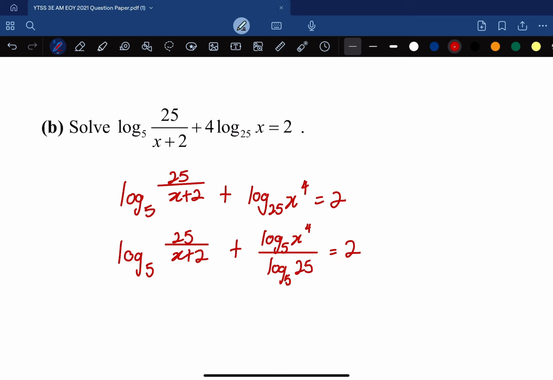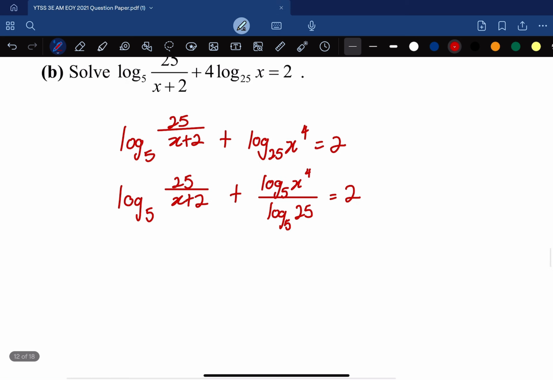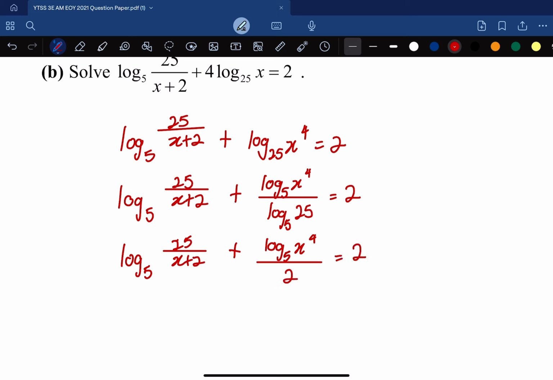Okay, therefore we continue simplifying from here. I have log base 5 25 over x plus 2, okay, plus log base 5x power 4. We know that log base 5 25 is equal to 2.